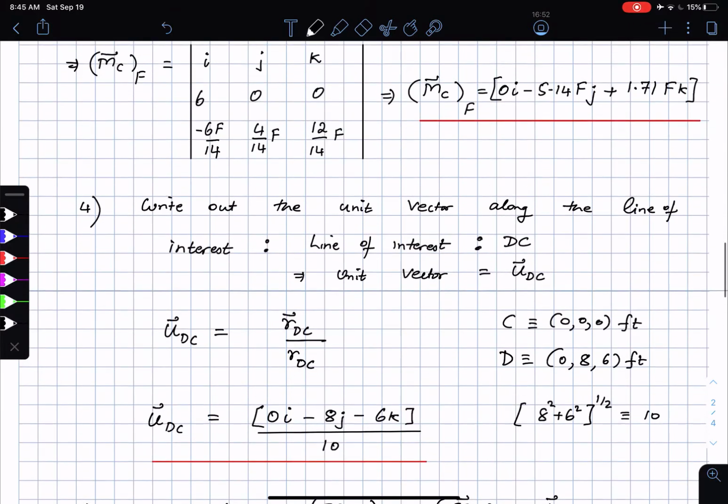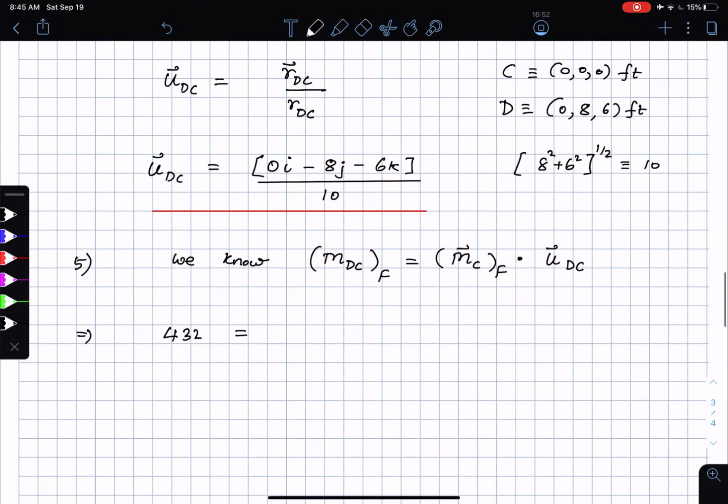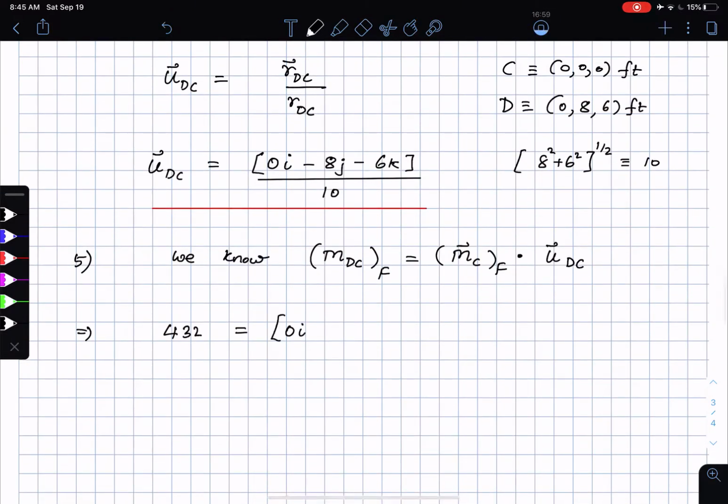MC due to F is what I had before, 0i minus 5.14 Fj plus 1.71 Fk, dotted with the unit vector, 0i minus 8j minus 6k, all of this divided by 10.